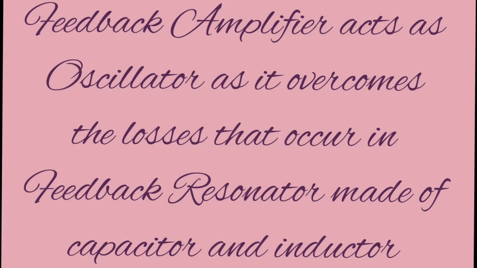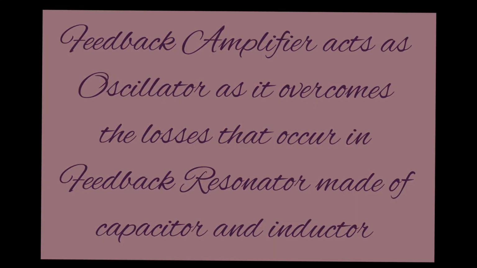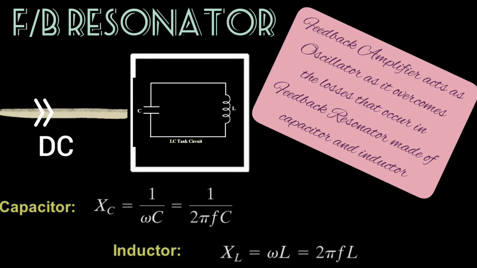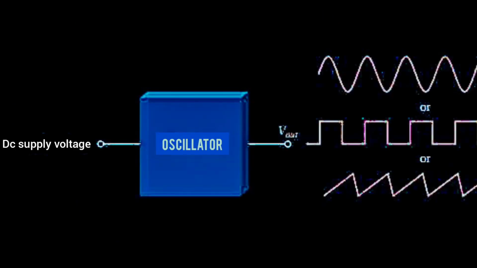Feedback amplifiers sometimes behave as oscillators because they usually surpass the losses of their feedback resonator, which is made of capacitor, inductor, and resistor in the form of capacitive reactances and inductive reactances, by applying a DC supply voltage to that feedback resonator. To be very brief, an oscillator generates an oscillating output but without any external input.